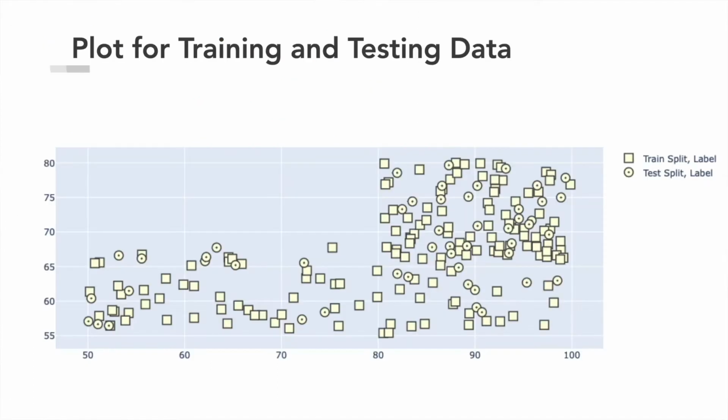Next slide. On this slide, you can see the graph which we have plotted for the training and testing data. The square data points are for training and the circle data points are for testing. You can see the data is very random, so we are not biased with our data. Thank you. Now Mradul will continue from here.